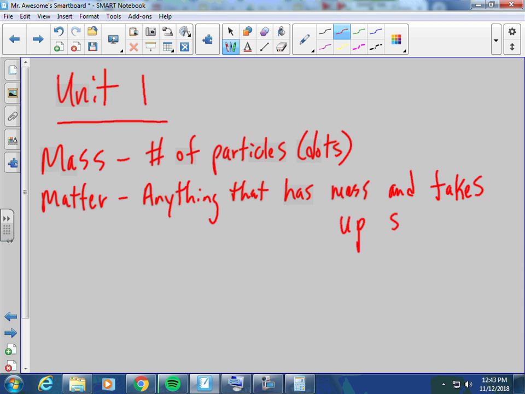So what we did this whole unit basically was talking about what mass was, what takes up space is, and then a relationship between the two. Okay? So the measurement that tells how much space something takes up is called what? Volume. All right, cool.